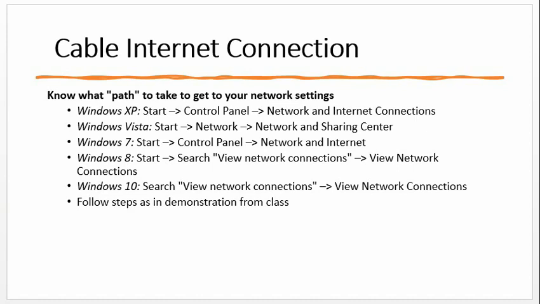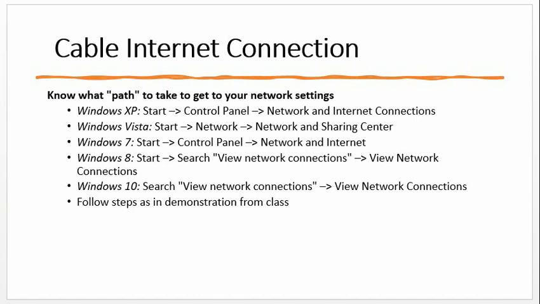For those who used Windows XP, they would know that you put your cables on the relevant network port, then you go to control panel, network and internet connections, then you do the various connection settings there. In Vista, it was network and sharing center. In Windows 7, it was control panel, network and internet.